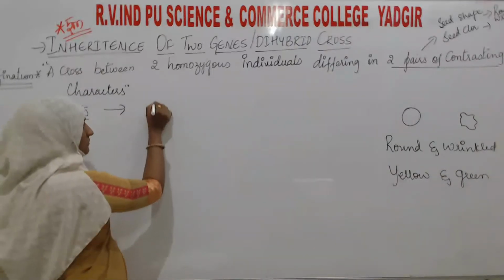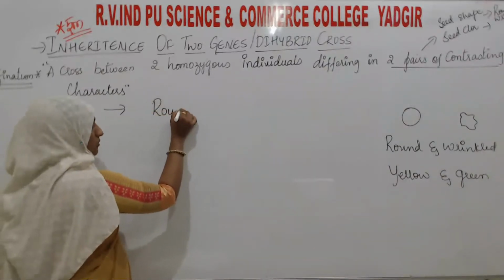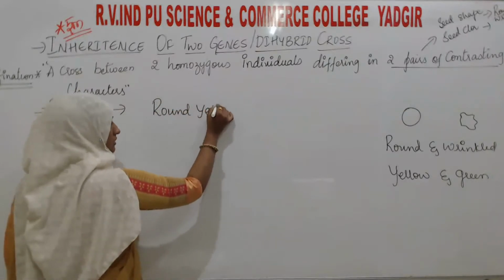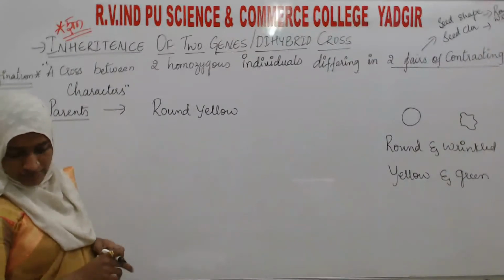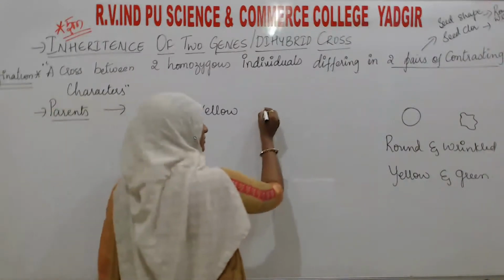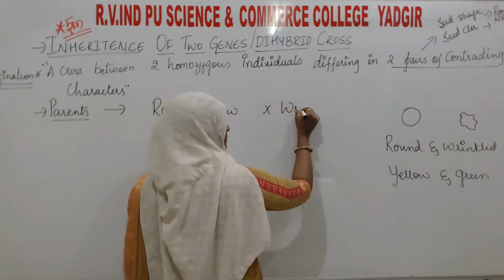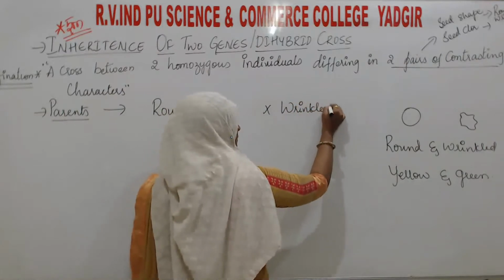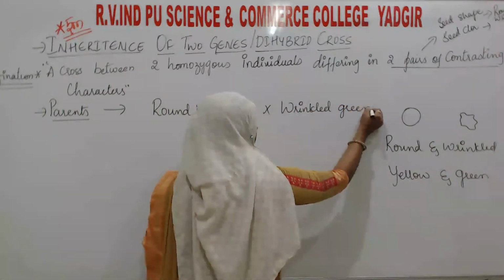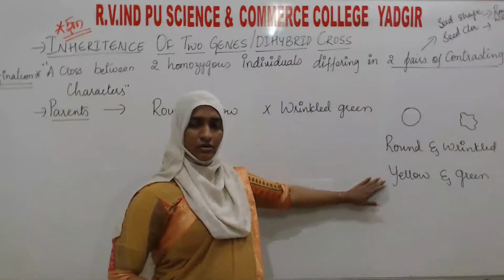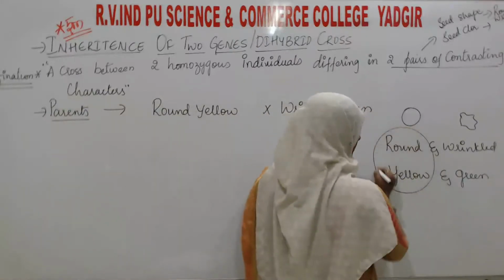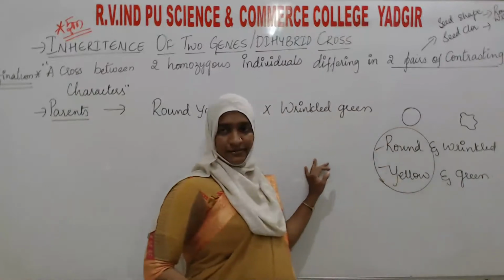Parent 1 is round yellow, and parent 2 is wrinkled green. In parent 1, these two are the characters.